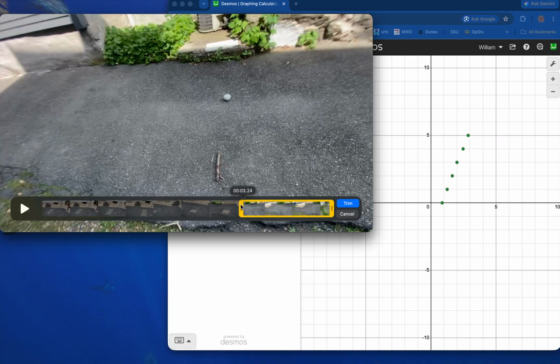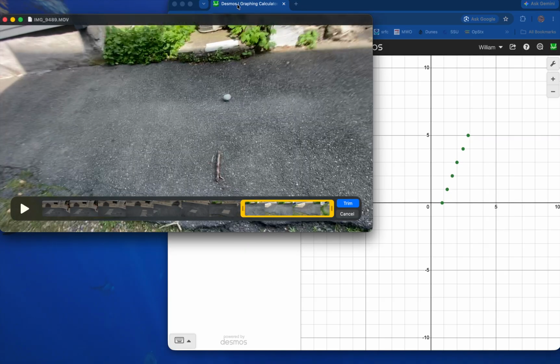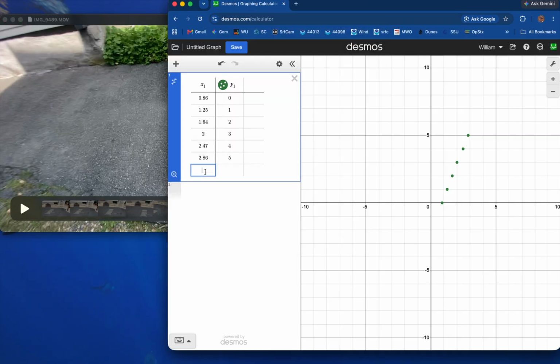I was running along, taking the video, but it was somewhere right around 3.26 or 3.27 seconds. 3.27, and that was 6. And you can see Desmos is plotting this over here for me.